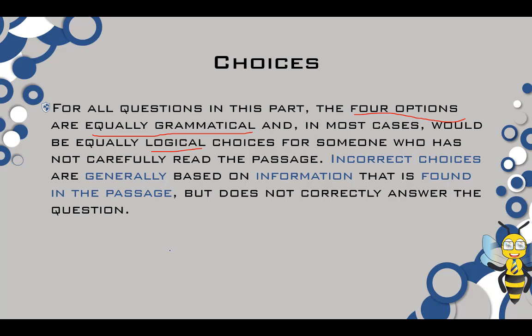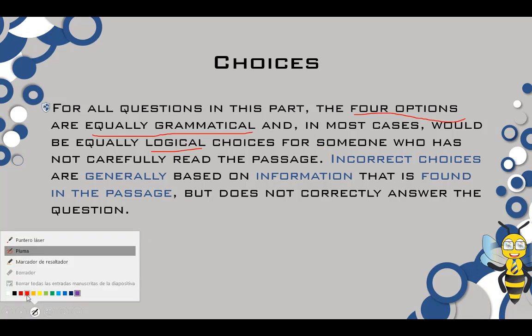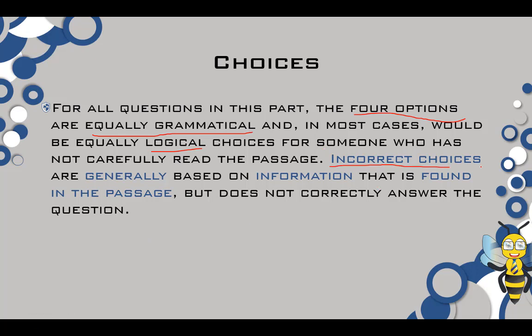Incorrect choices are generally based on information that is found in the passage. So pay attention to this. It's actually in blue. Incorrect choices are found in the passage.